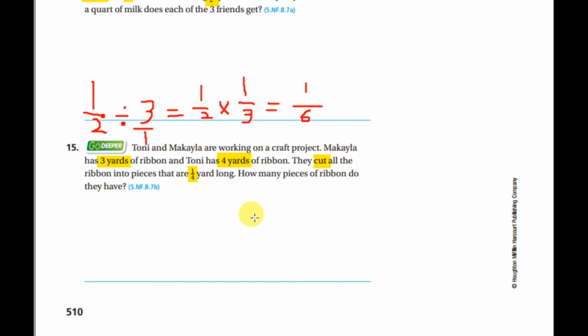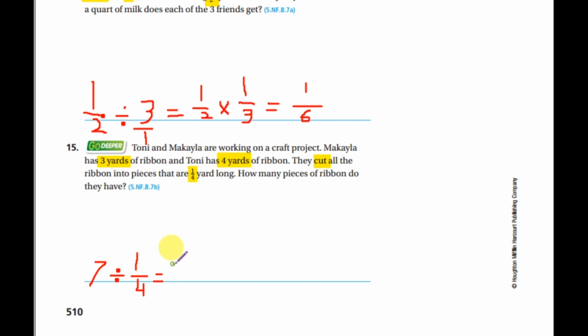So this means I will first add the 3 yards of Makila and the 4 yards of Tony. It will be 7 divided by, they divide their ribbons into 1/4 yard. So now what is the number of pieces? Okay, I will do the opposite of division.